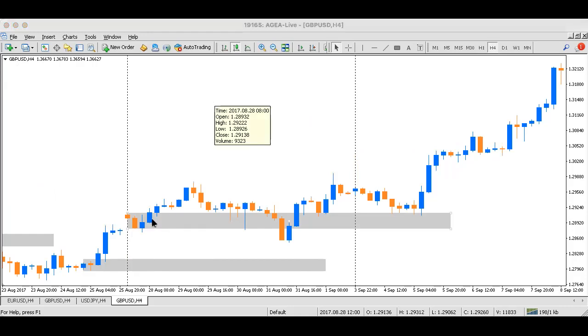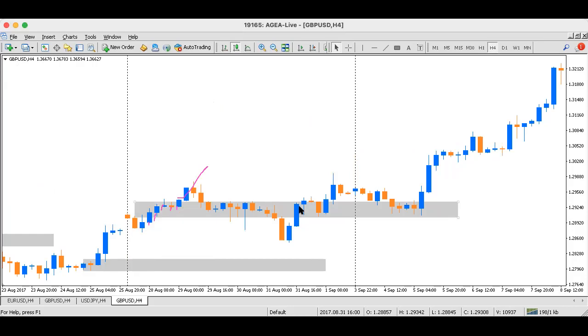We had 1, 2, 3 candles, a bearish candle sandwich, and a buy came. Then it went up. Look at how the market actually reacted on that one. So the market had to always retest that zone.